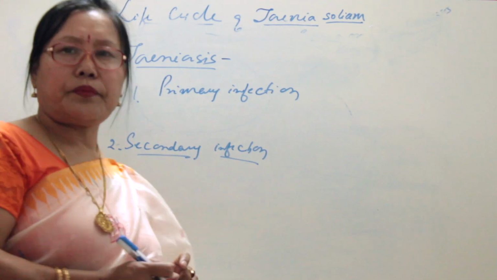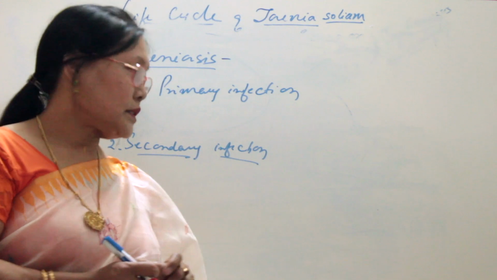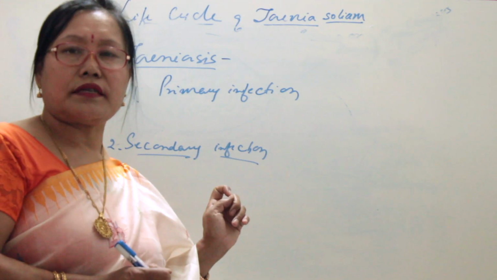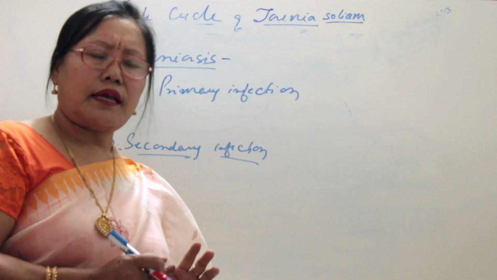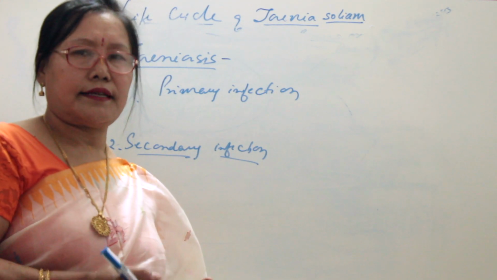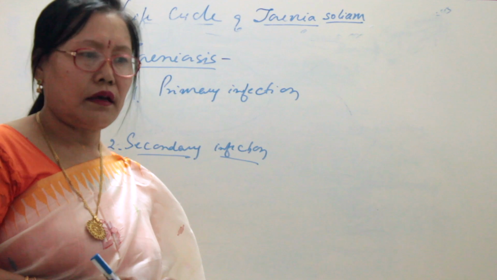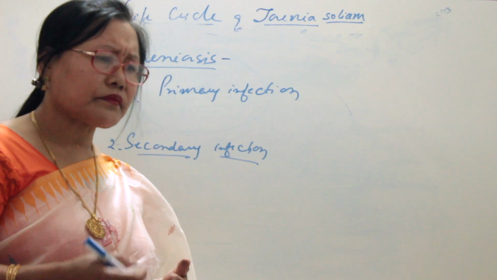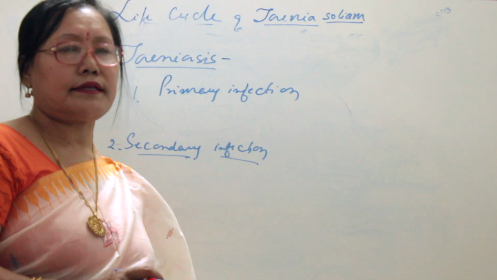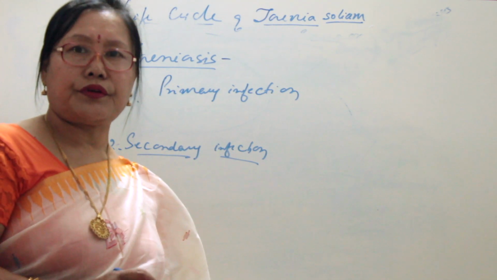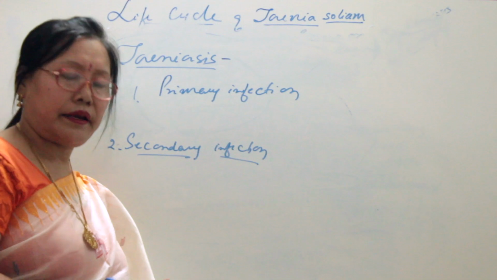Whereas the secondary infection is very serious, even fatal. In this case, when men accidentally ingest the egg directly, it enters through the stomach and reaches different important organs, for example the brain.